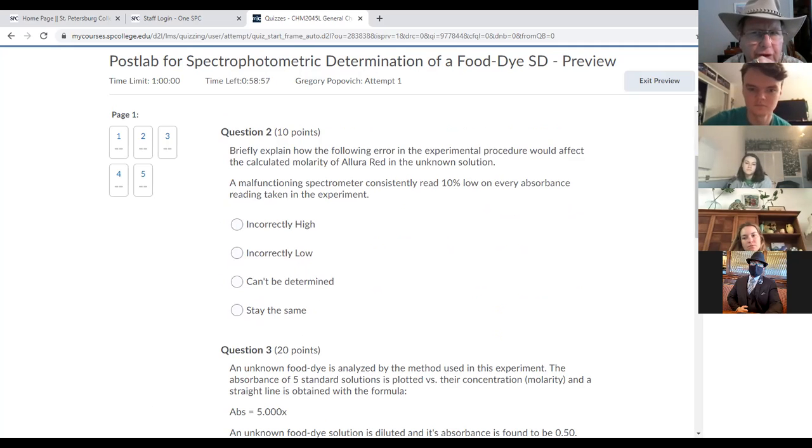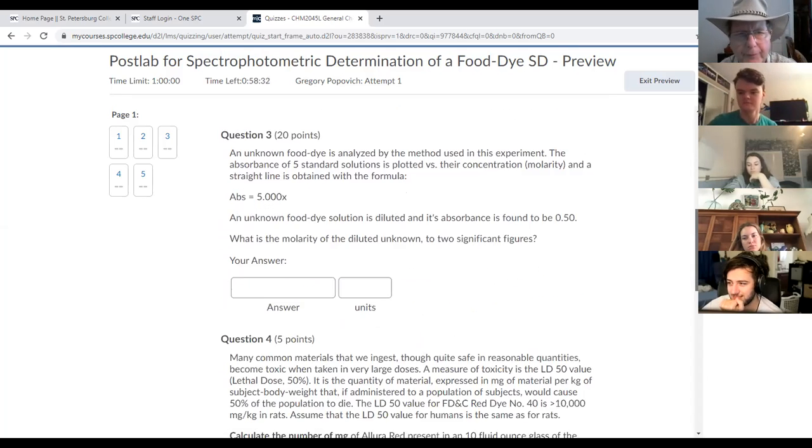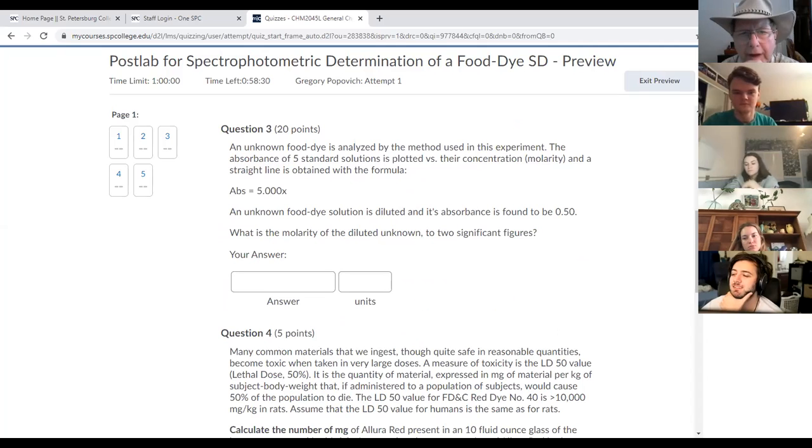If it's 10% low, is the molar absorptivity going to be, is the slope going to be 10% low? Then aren't you dividing the unknown by a number that's 10% low also? That sounds right. Think about it. Okay. You got a formula there.